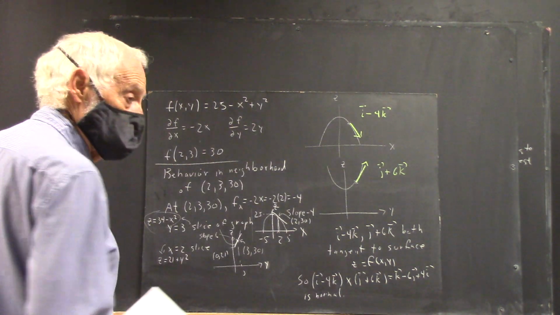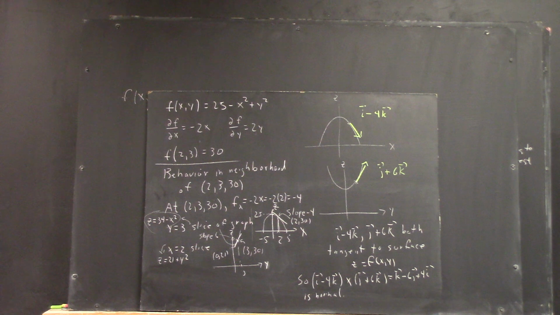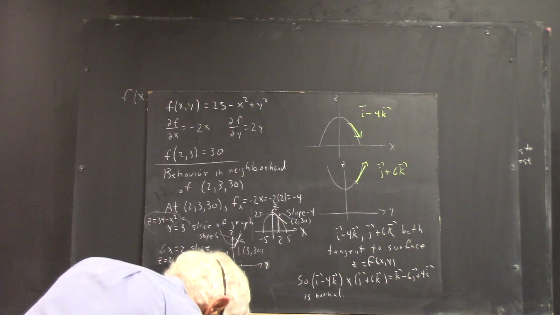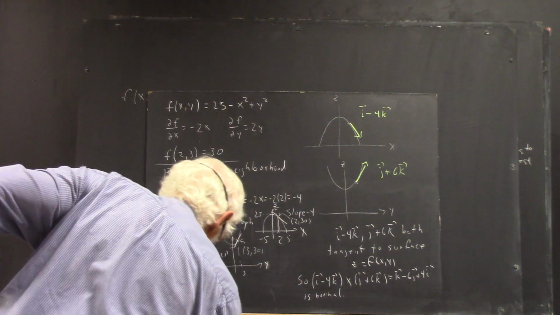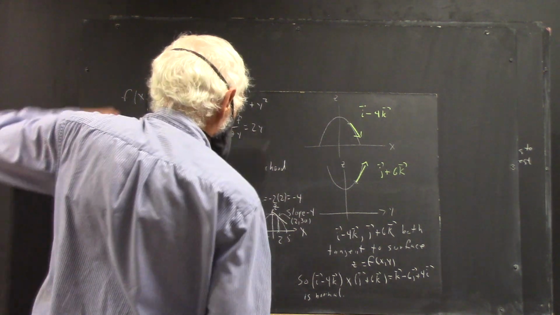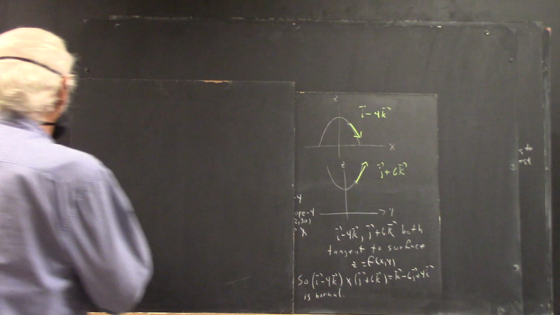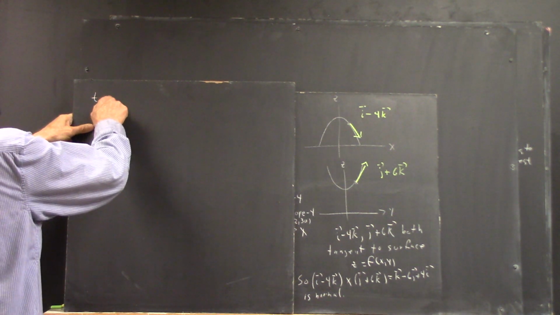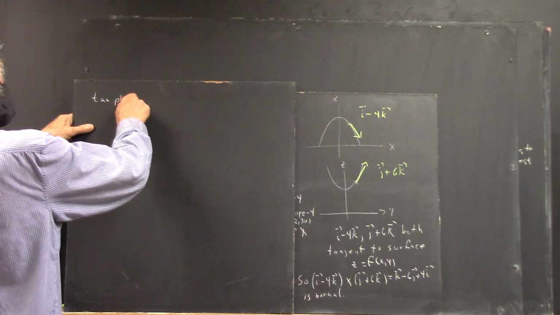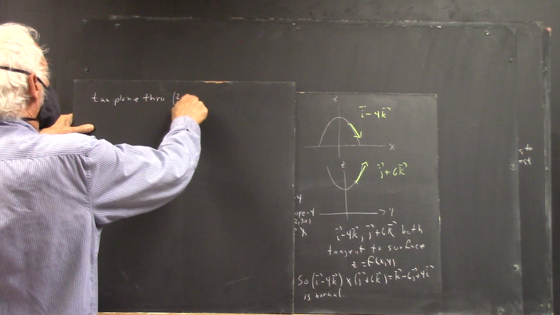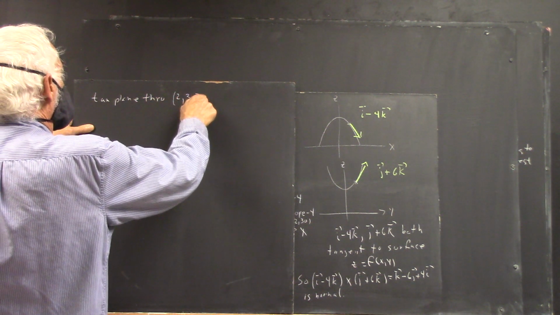Now the equation of the tangent plane. So the tangent plane is through the point 2, 3, 30.